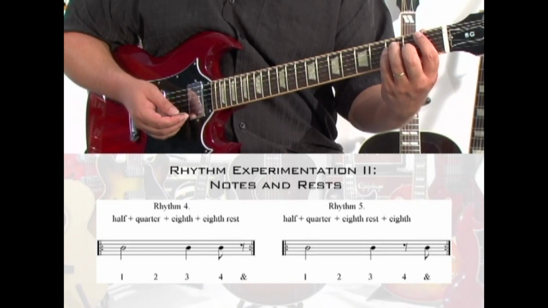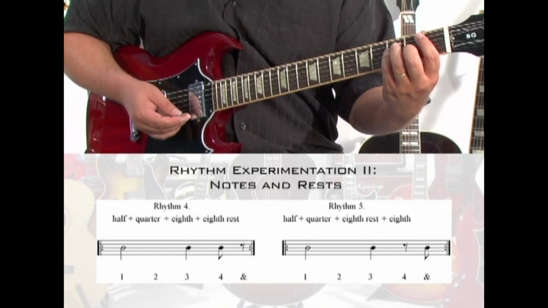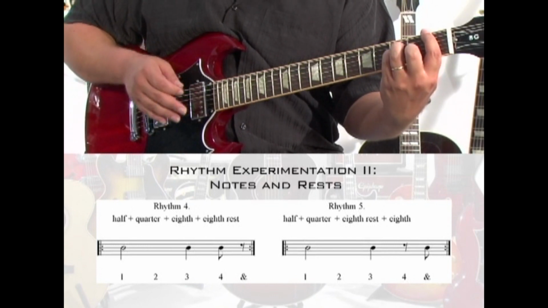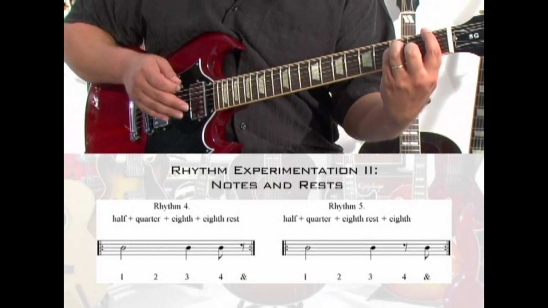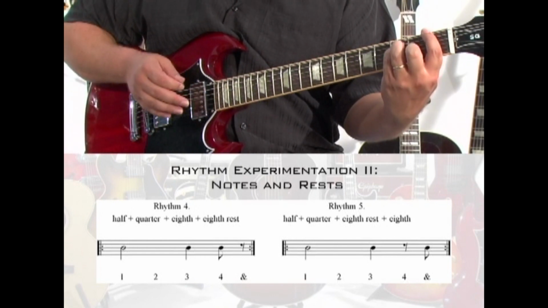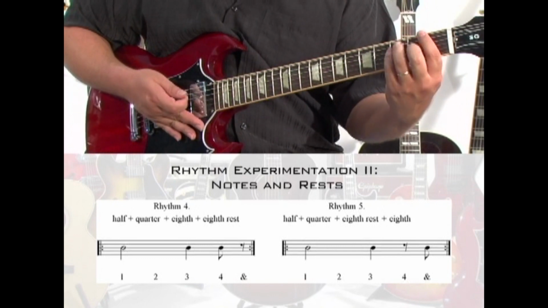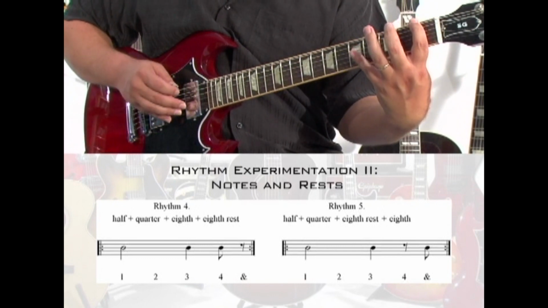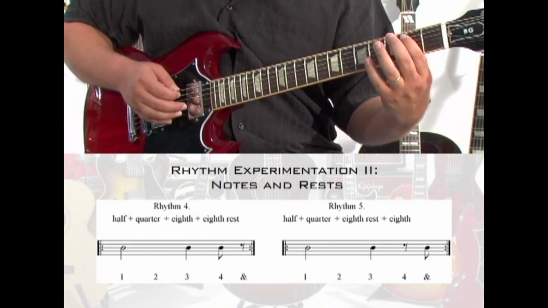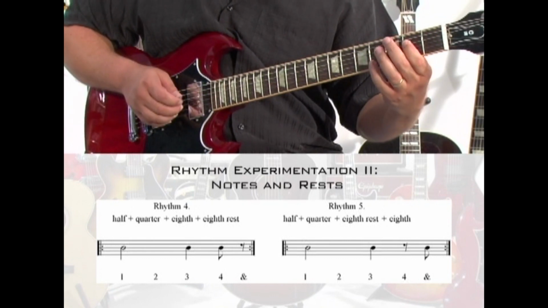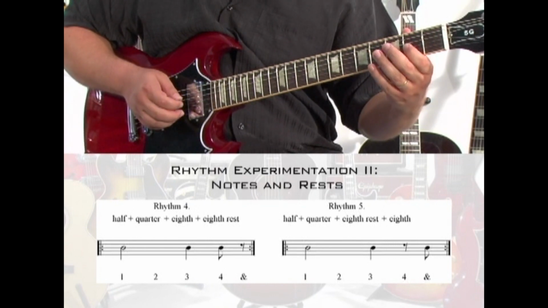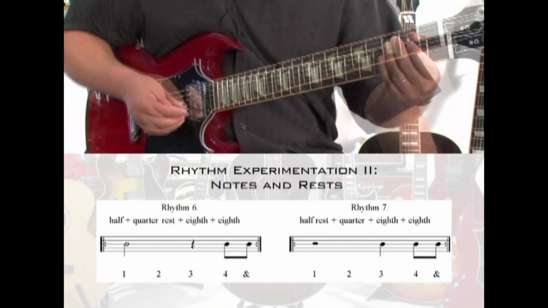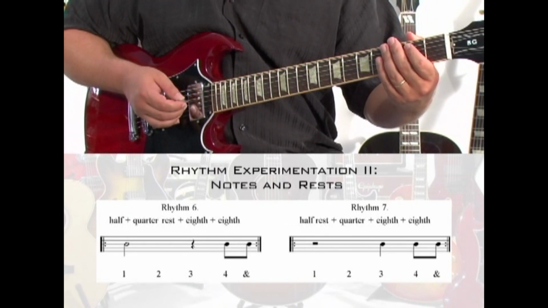Here's rhythm 5 played with an F chord. Played with the F or fourth position. Here's rhythm 6 played with a G chord.